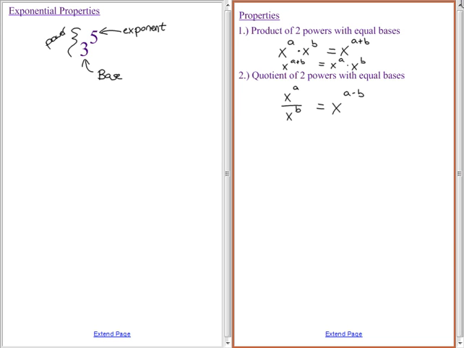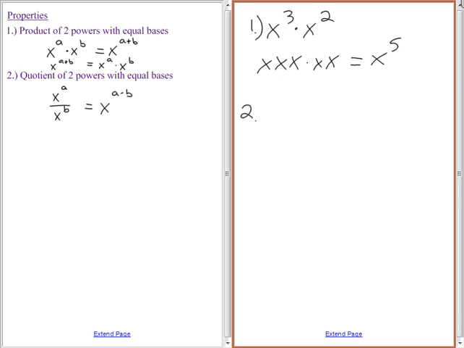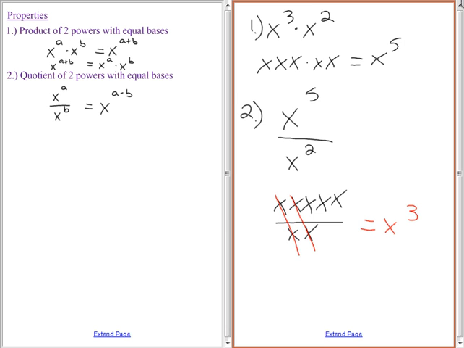The reason being, if I have x to the 5th over x squared, x to the 5th is simply x times x times x times x times x over x squared, which is x times x. So when you think about simplifying, those x's go away because it's all multiplication. So my result is x to the 3rd. You subtract 5 minus 2. And that gives you the second property.